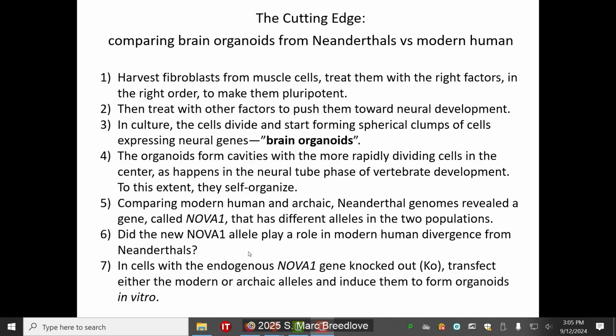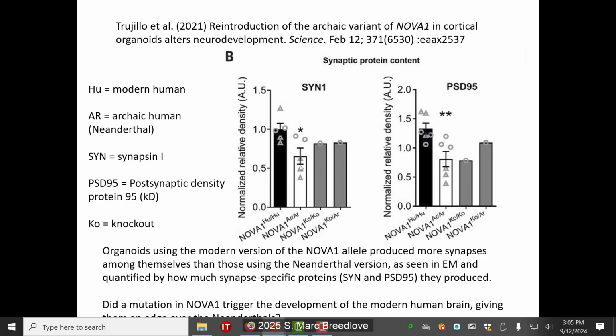And so they said, well, what happens when we make brain organoids and we give them either the human version of NOVA1 or the Neanderthal version of NOVA1? And can we see a difference? And indeed they did, which is shown here. So this is a complicated graph, where they're keeping track of two different synaptic proteins.